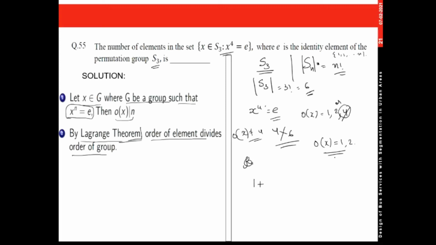Now you have to calculate how many elements in S3 have order equal to 2. If you calculate using this, you will get three elements. So the total is four, that is the answer, right?